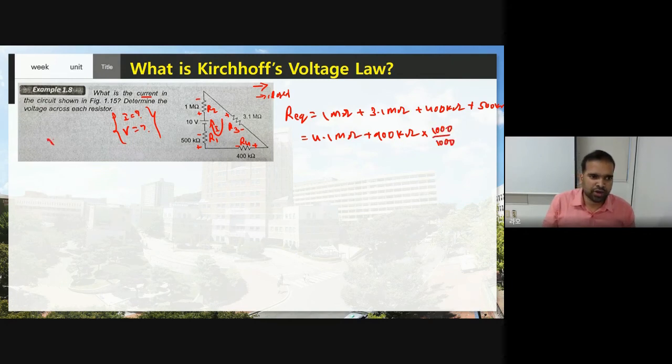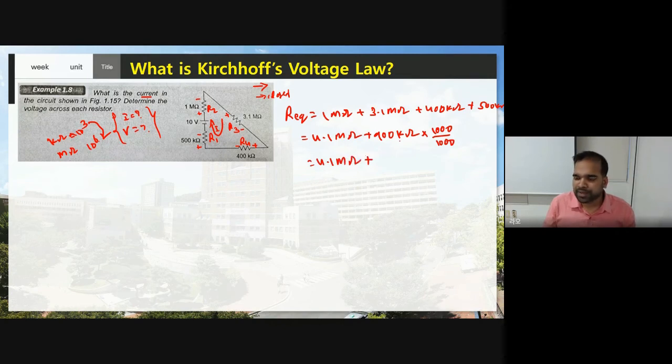So you know, right, kilo ohm means 10 power 3, and mega ohm means 10 power 6. Now in order to convert kilo ohm to mega ohm, 10 power 6, I have written 1000 by 1000. Therefore kilo ohm means 10 power 3. Okay, this is 4.1 mega ohm.